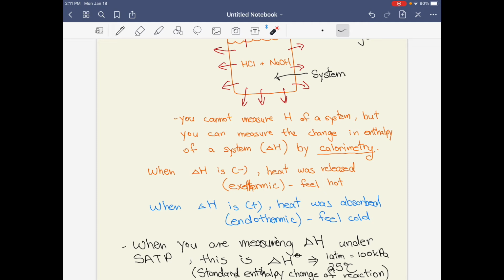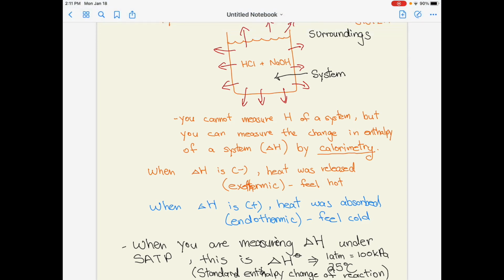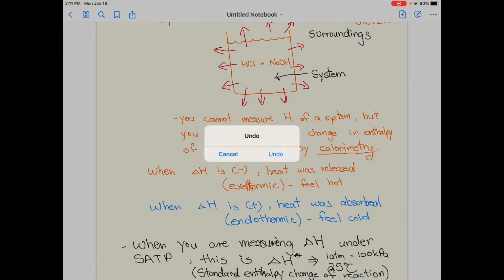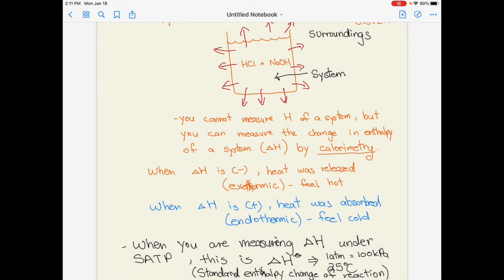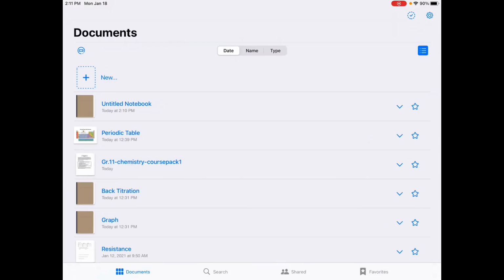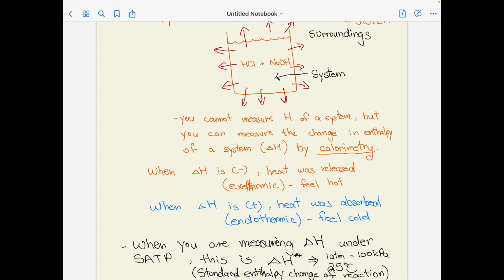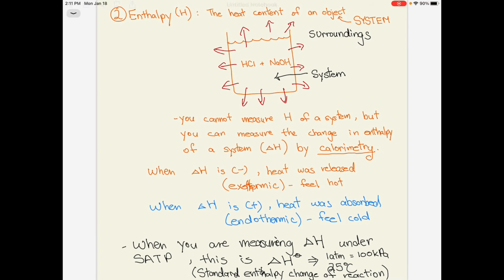All right, so let's finish this off by looking at some charts, some graphs, and also by looking at my third definition, which is on temperature.